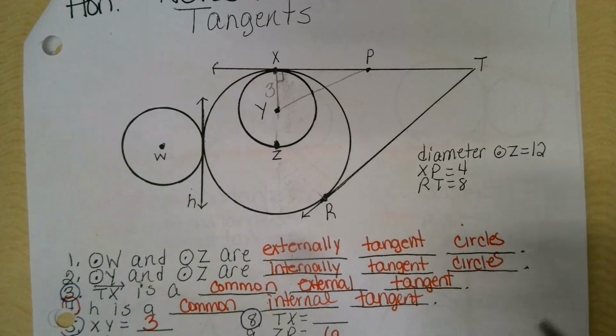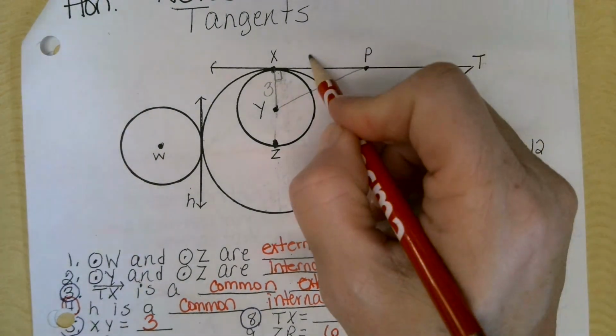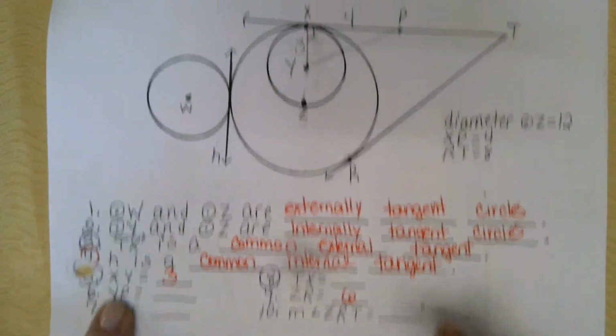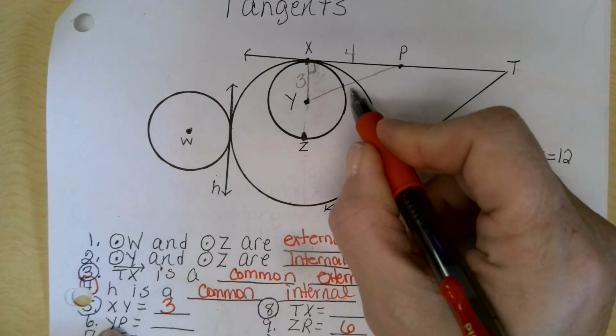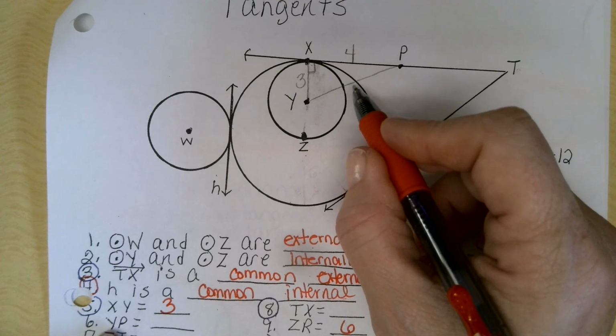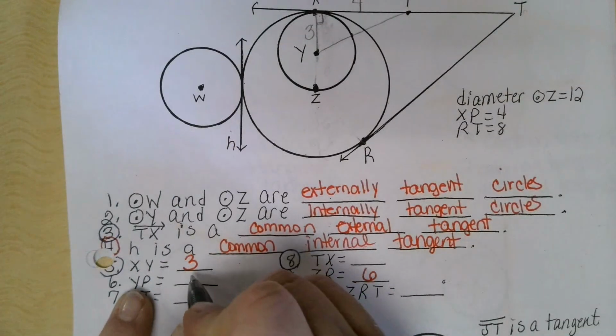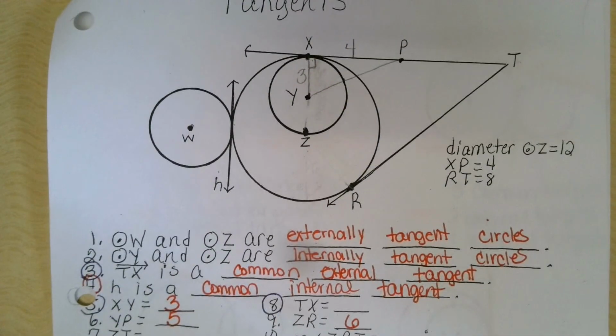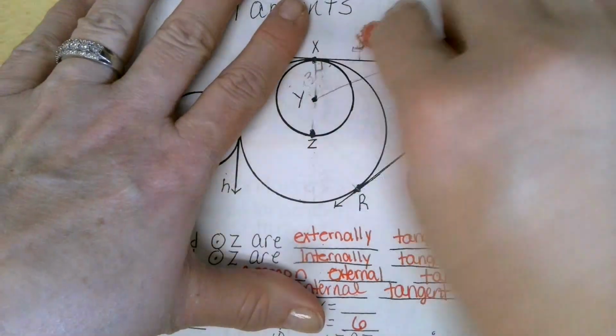And it says XP is 4. So what would YP end up being? Okay. So YP, this is a 3, 4, 5. Please tell me you didn't have to do the Pythagorean theorem for that. 3, 4, 5 triangle, so YP would be 5. Okay, and then the next question, we're going to erase.